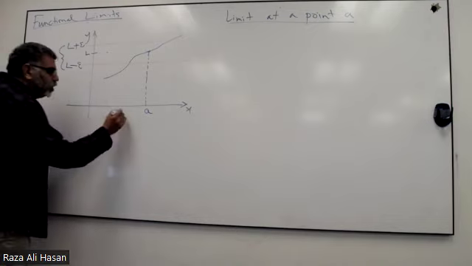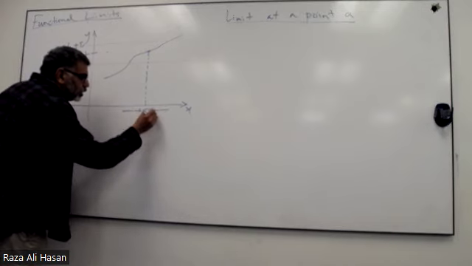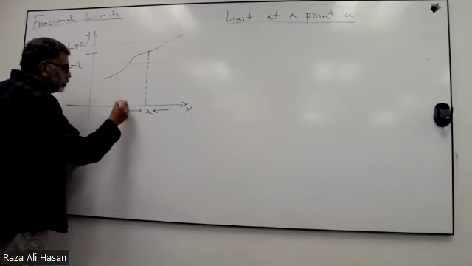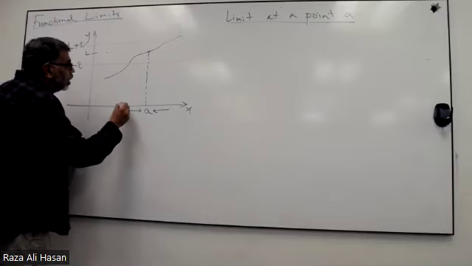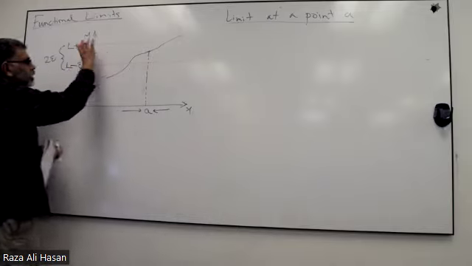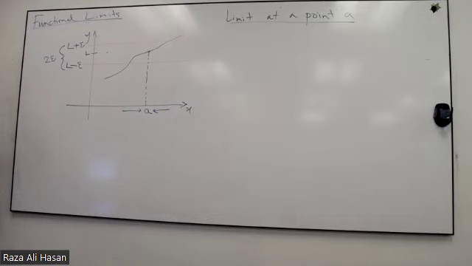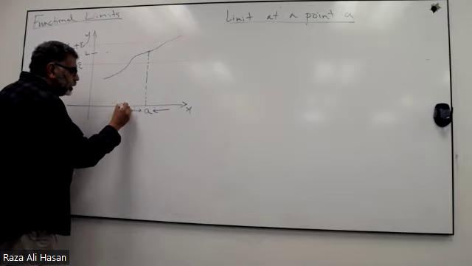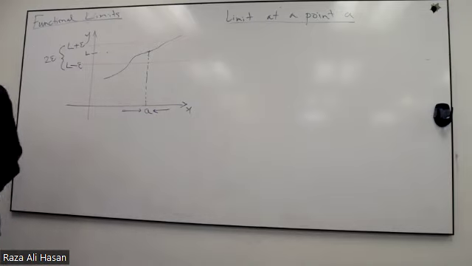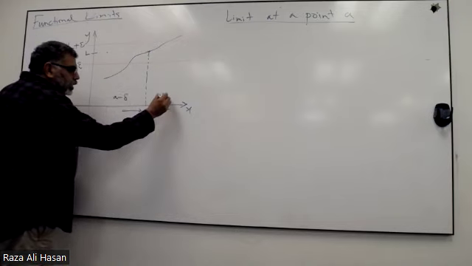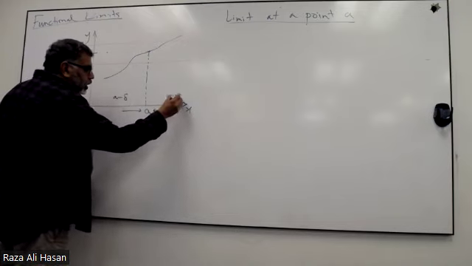In other words, we need to find all the points that are moving towards A. If the horizontal strip is this wide, then the delta that we need, we'll just use this one here, A minus delta and A plus delta.